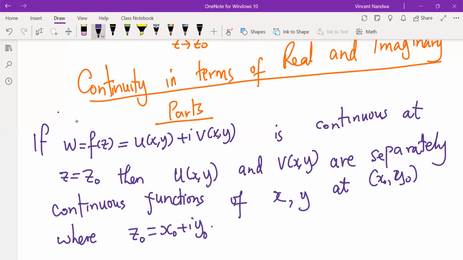For that to be very clear: when you say f of z is continuous at z naught, then separately u and v are continuous at x naught, y naught.